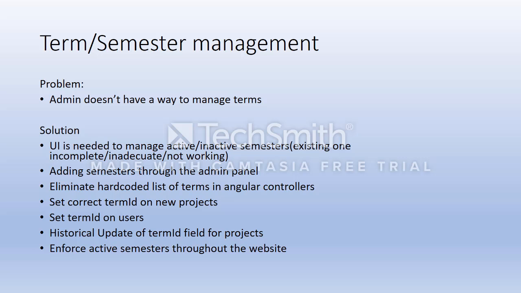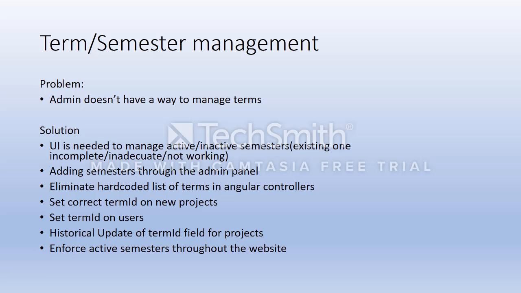So this field is incorrect everywhere in the VIP dev and the production servers. So there has to be a historical update script run against those two servers to correct that issue.